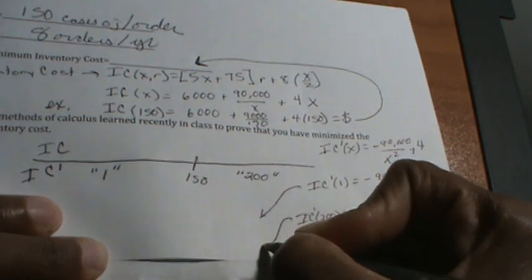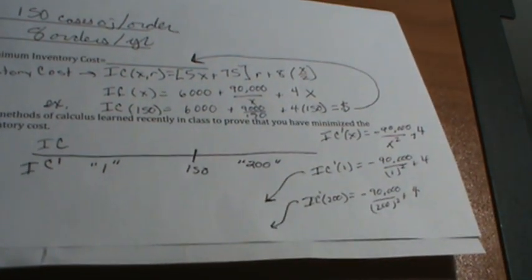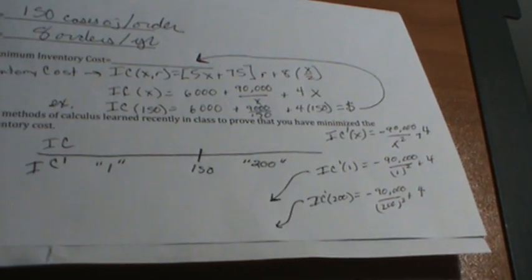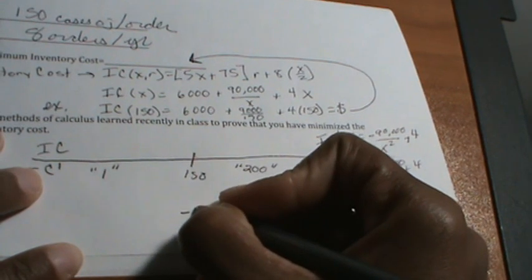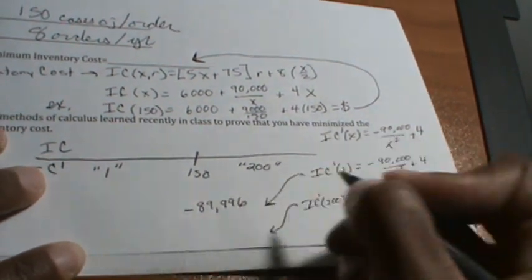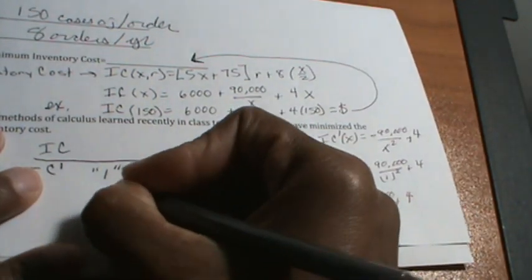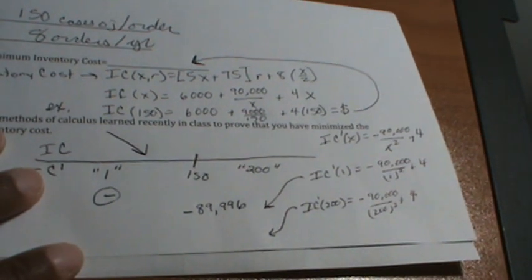Let's put this one down here. Okay, so this one's pretty straightforward. This is negative 89,996. So a negative value there tells me that my original function IC is decreasing.